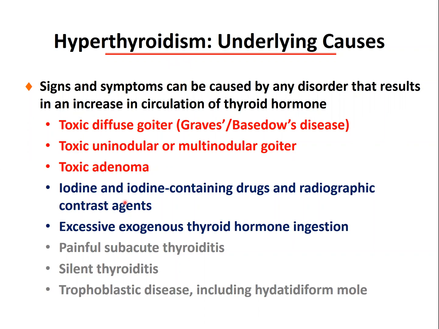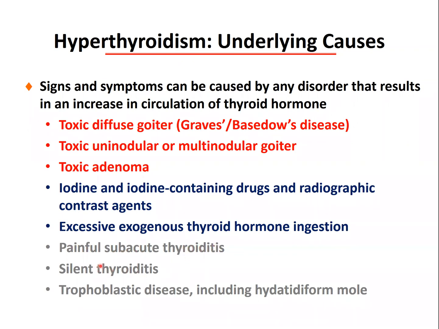Iodine, iodine-containing drugs, and radioactive contrast material can also induce hyperthyroidism. Excessive exogenous thyroid hormone ingestion, for example somebody who wants to lose weight and increase the basal metabolic rate, can cause toxicity. Painful subacute thyroiditis, which is viral, can cause it.